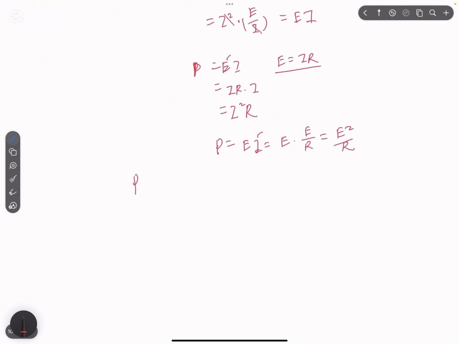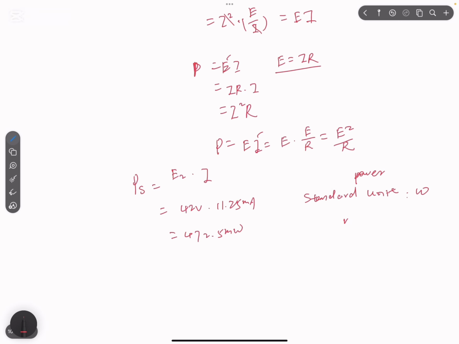So the total power, P source, which is from E2, will be E2 times I. That will give us 42 volts times 11.25 milliamps, which is 472.5 milliwatts. The standard unit for power is watts.